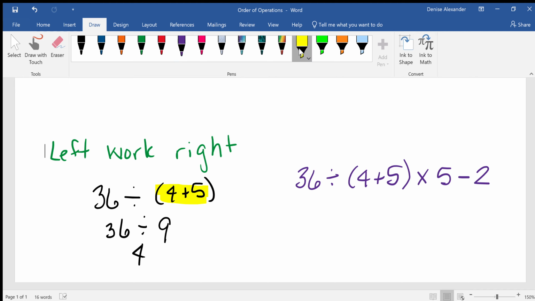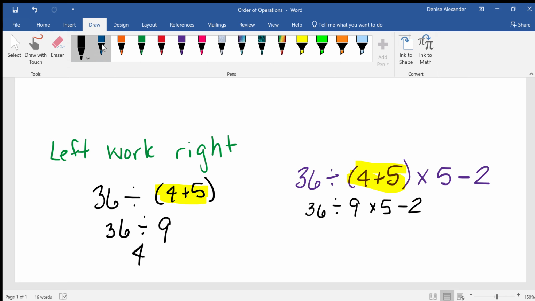We're going to start off, we're going to do our grouping because that's what we were taught, right? So we do 36. We're going to divide it by 9, multiply by 5, and subtract 2. Do you see how I just rewrote the problem, left everything the way it was?